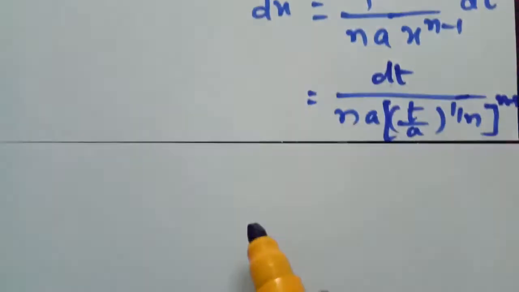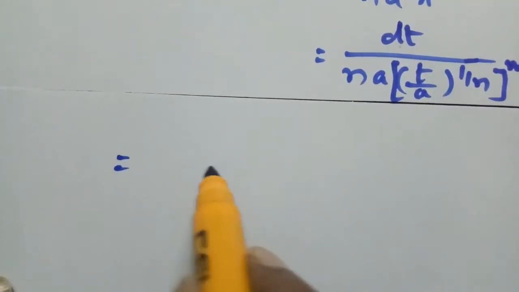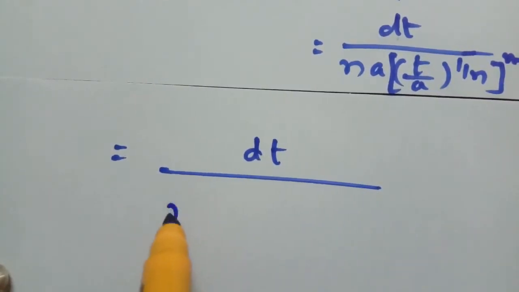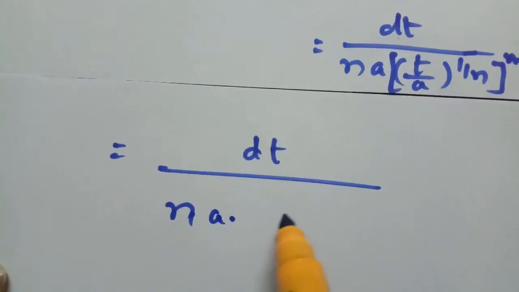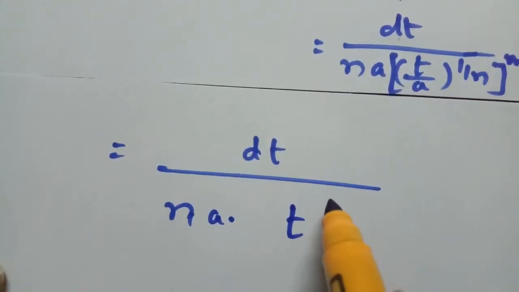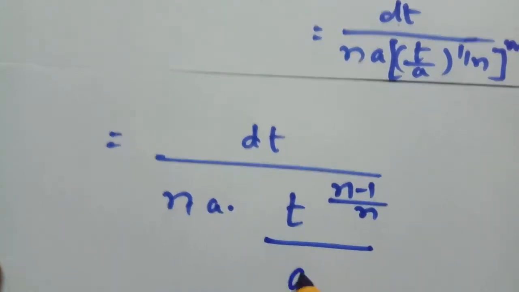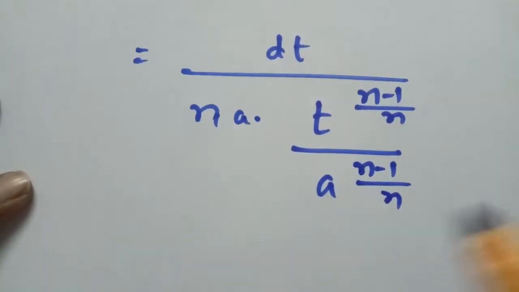This can be written as dt by n into a into t power n minus 1 by n by a power n minus 1 by n.